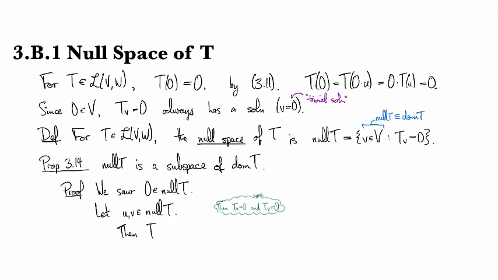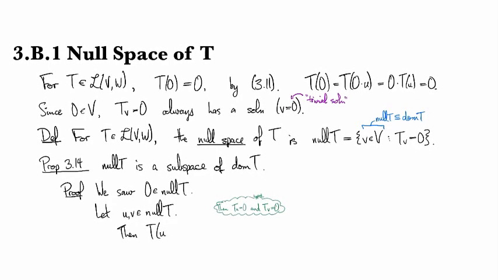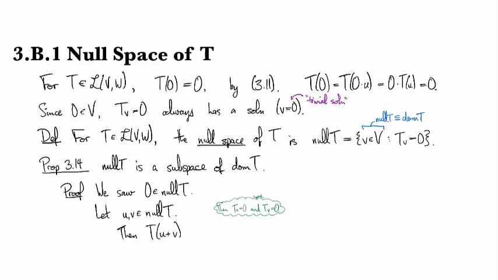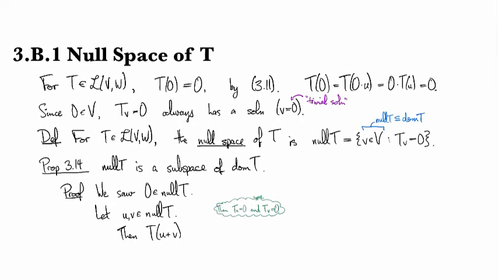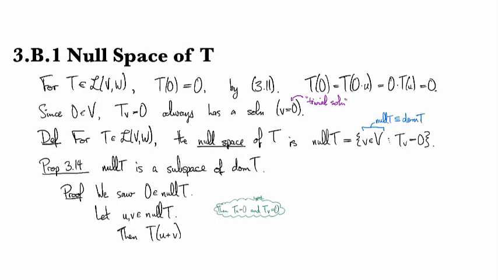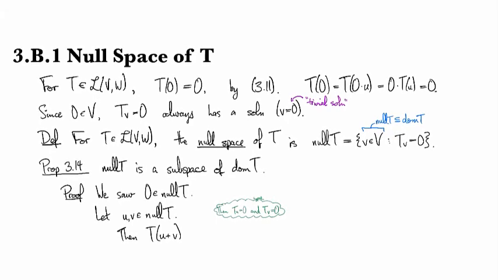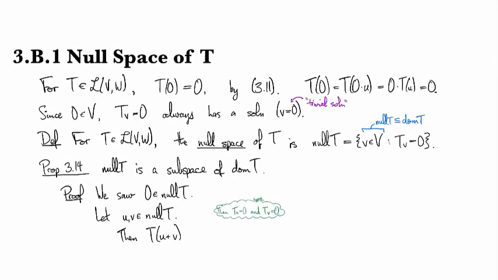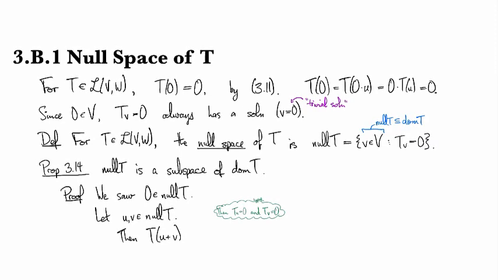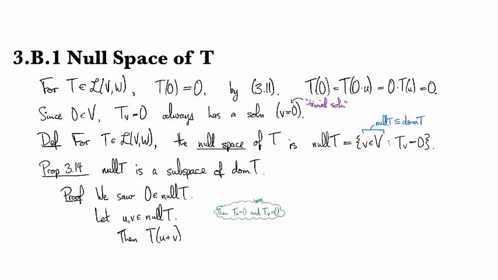All right, so we have T of u plus v, and we have to show that u plus v is an element of the null space, which means we have to show that T applied to it gives you 0. So what do we do? Well, we apply T to it and then see what we get. That's the thought process.